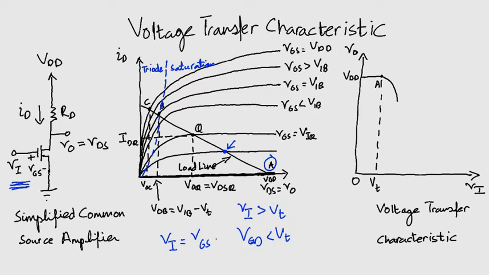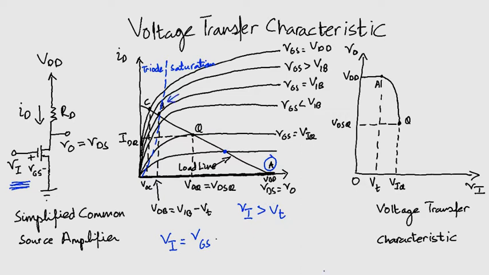So, we increase Vi further and we move up the load line to Q. On the voltage transfer characteristic, we will reach the point Q as well. Now we move up the load line by further increasing the voltage Vi, and we notice that our output voltage continues to decrease. Now we reach point B.